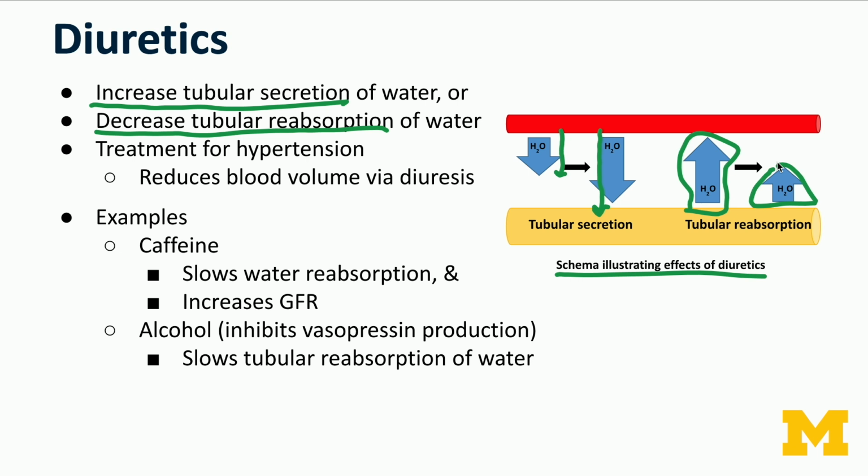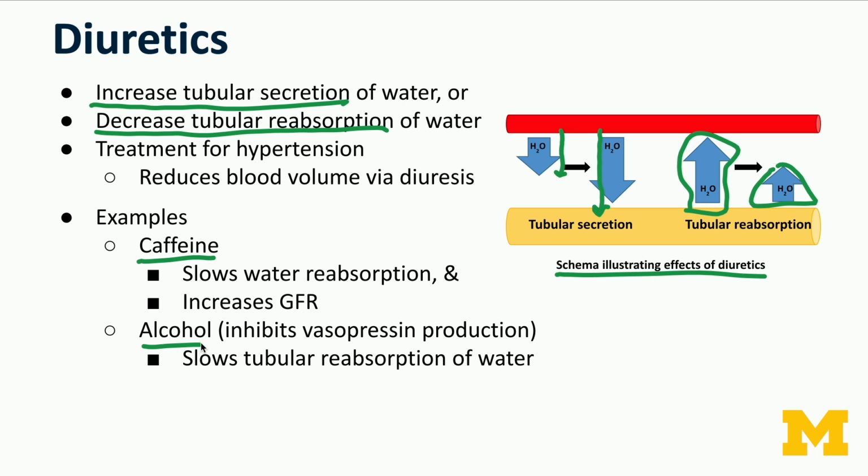Examples of diuretics in your own life that you may choose to either consume or avoid are caffeine and alcohol. Caffeine contributes to diuresis two ways. One, it slows water reabsorption, and two, it also increases glomerular filtration rate. So by increasing glomerular filtration rate, you're producing more filtrate, which will lead to more water.